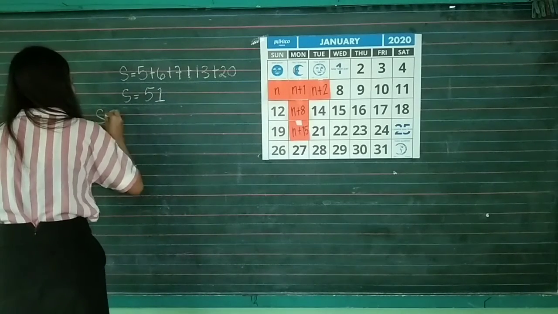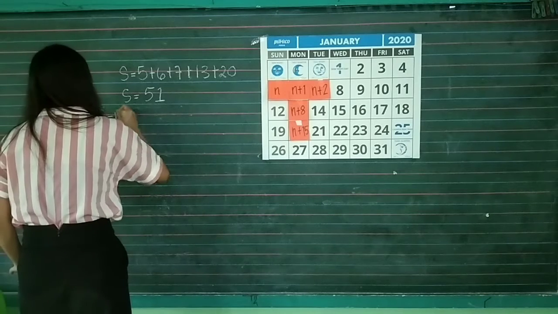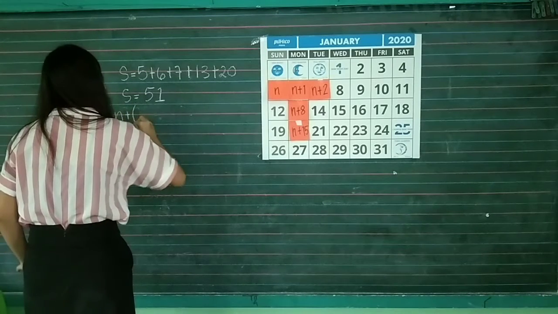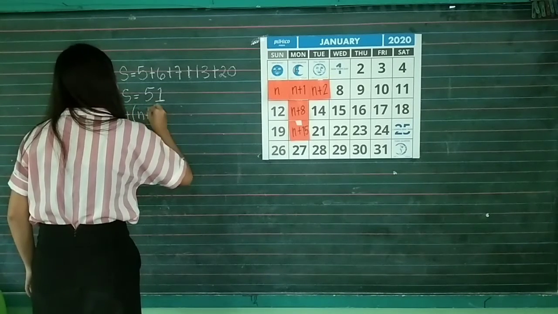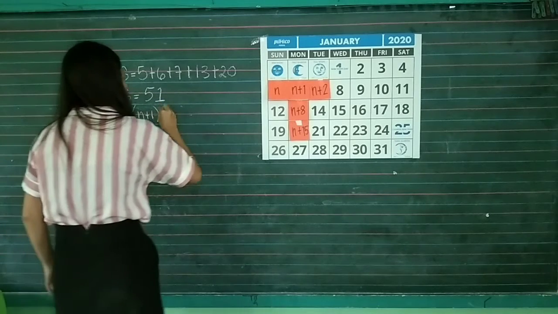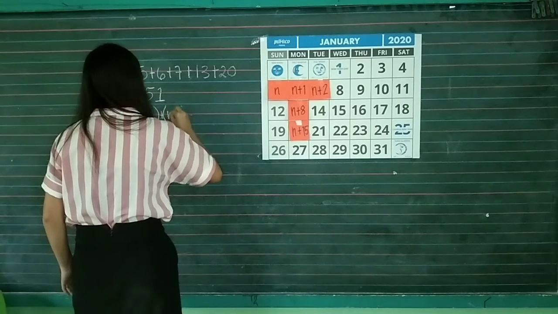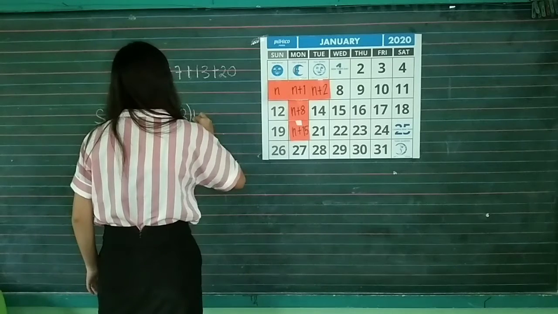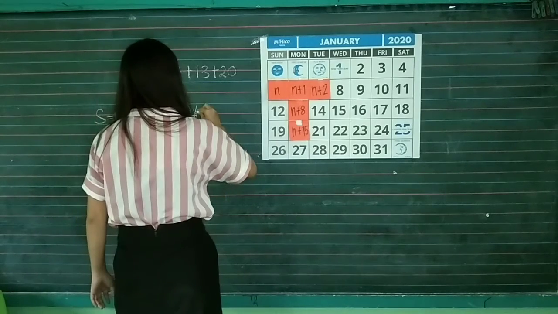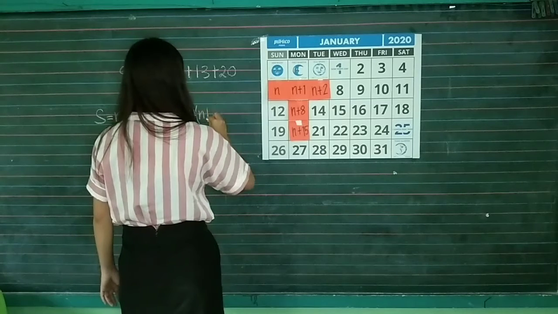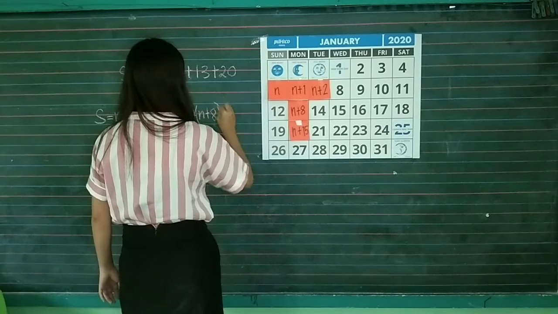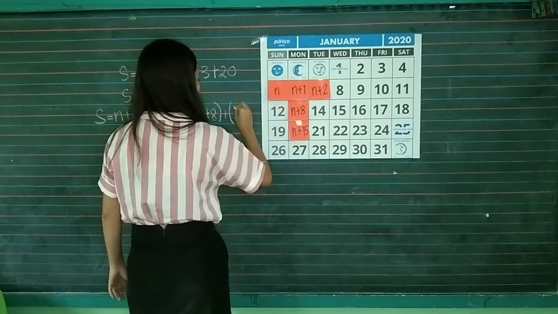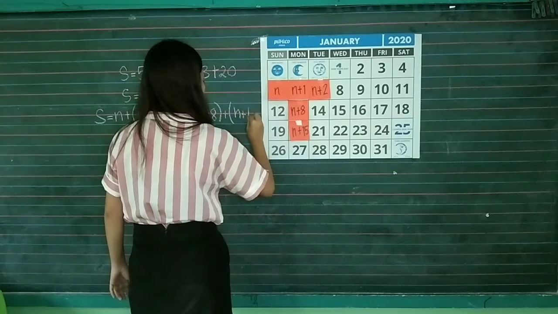Our sum is equal to n plus 1 plus n plus 2, okay, plus n plus 8 and n plus 15.